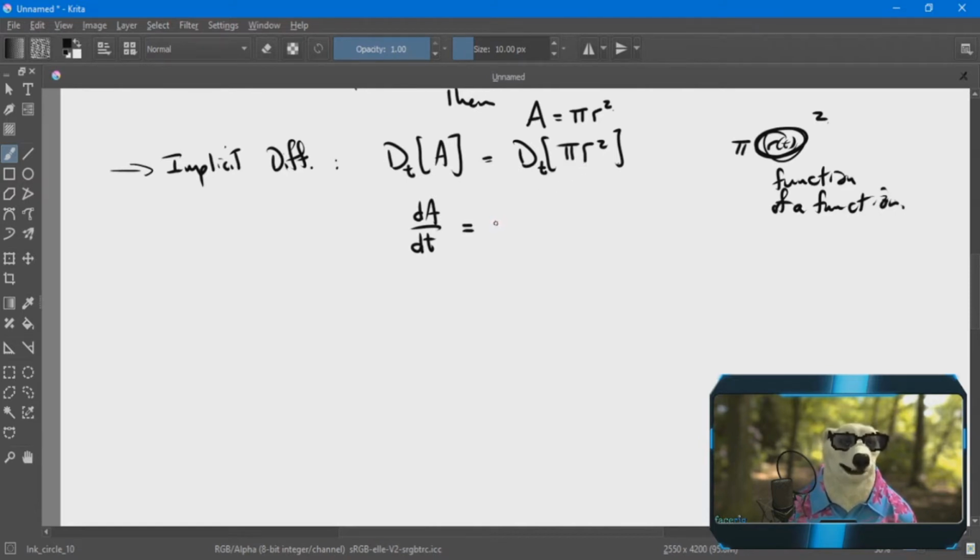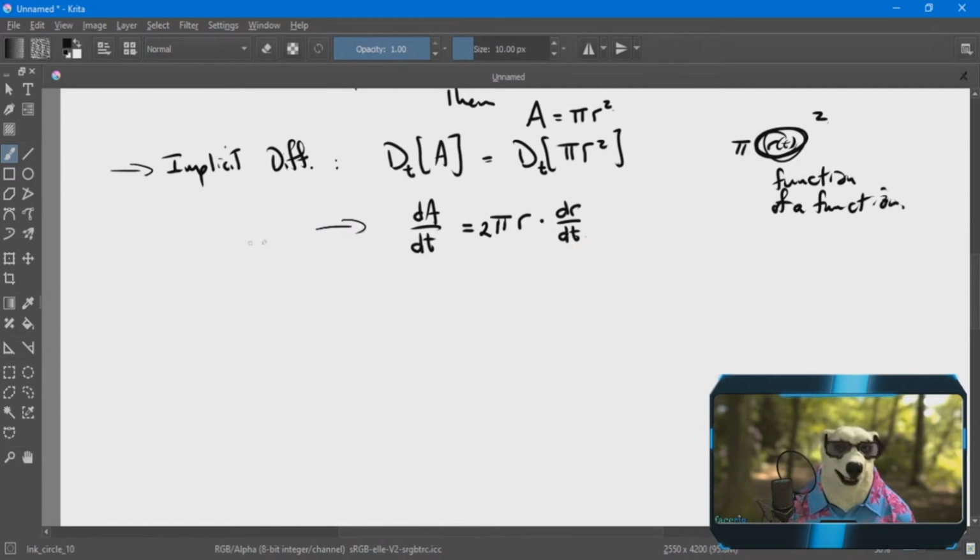So the derivative of the outside function is, well, the 2 goes in front of the pi just to look nice, and then r to the 1, but we don't write the 1, times, says the chain rule, the derivative of the inside function, which was just the r function. So I'll write dr dt, though any version of the derivative of r would be fine.